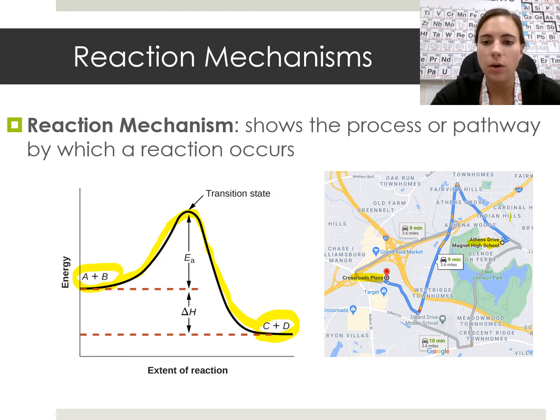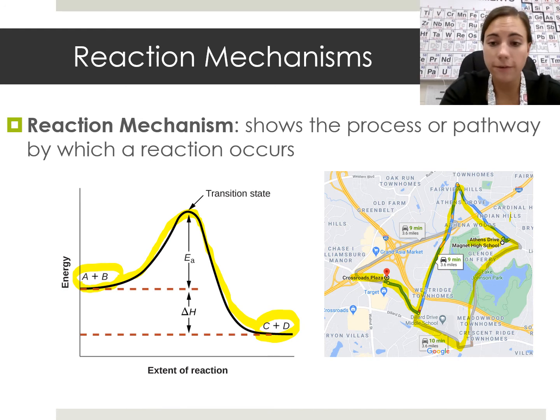When you come out of Athens Drive, you can either turn left onto Athens, left onto Jones Franklin, right onto Dillard Drive, and that'll get you to Crossroads. Or you can turn right onto Athens Drive, turn right onto Avent Ferry, and then turn onto Tryon and go up Dillard Drive to Crossroads.